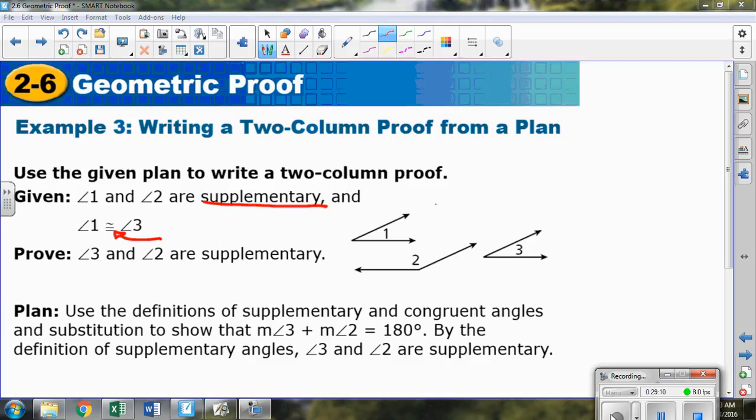If we are going to show that they are supplementary, that means we need to show that they add to 180 degrees. Well, that's going to be our goal. The end result is if we show that the measure of angle 3 plus the measure of angle 2 equals 180, the definition will tell us, I know that these are supplementary. That's how we'll begin.